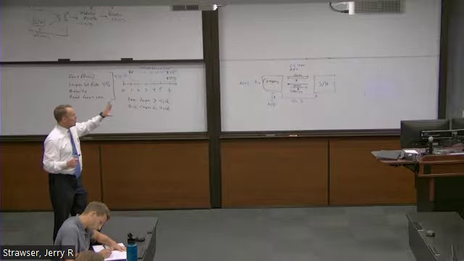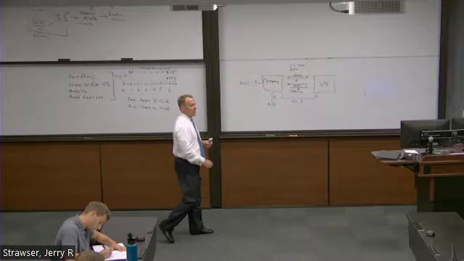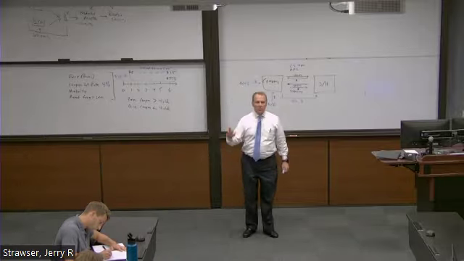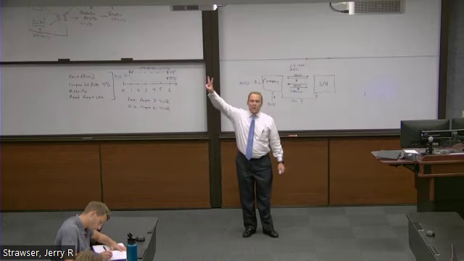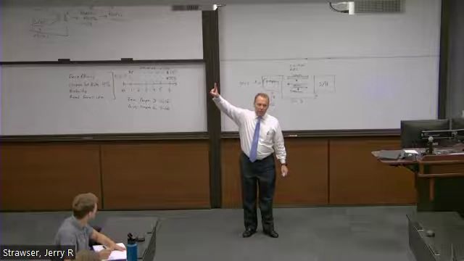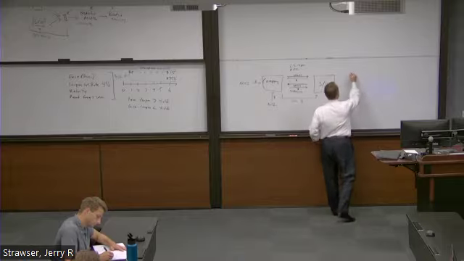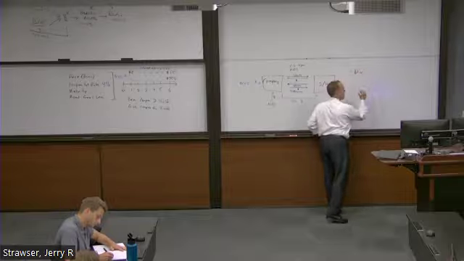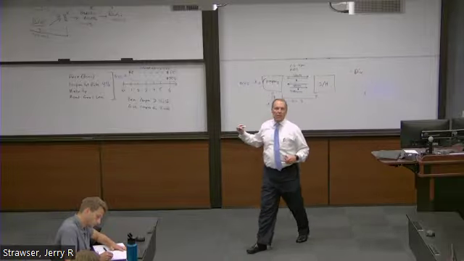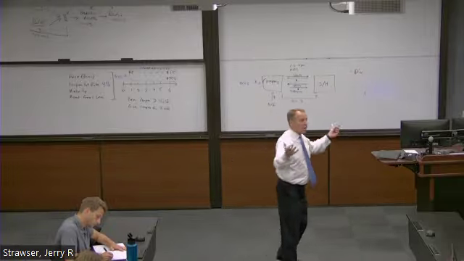Right, so with respect to stockholders' equity, when you buy a stock, how do you make money? Two ways, one of which I've got on the board. Dividends. What's the other way you make money? Buy low, sell high.